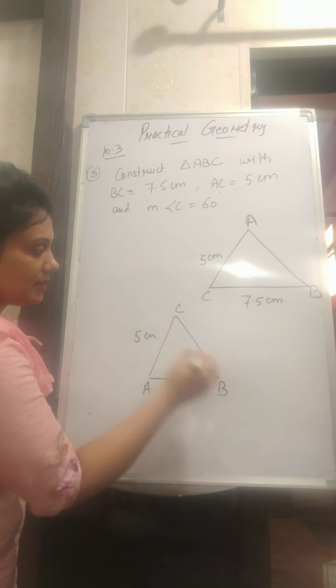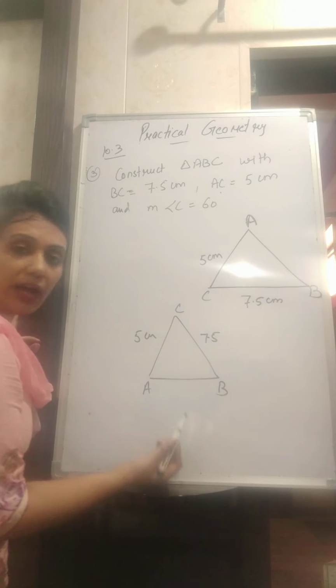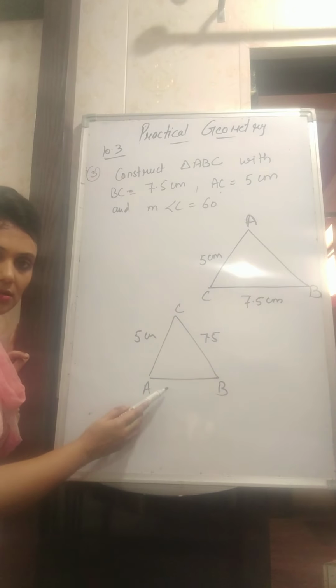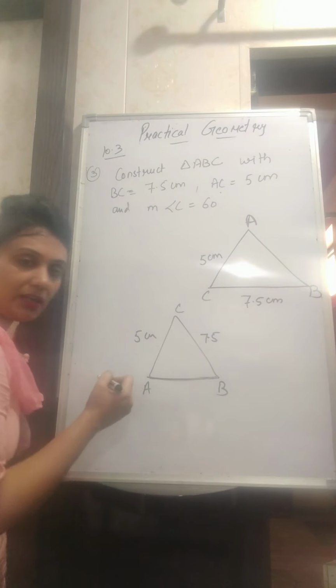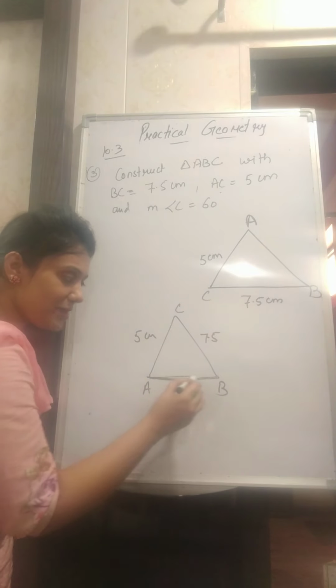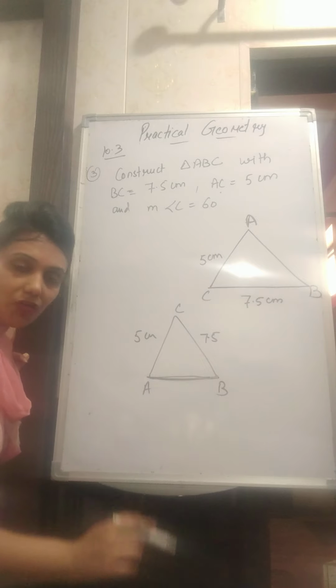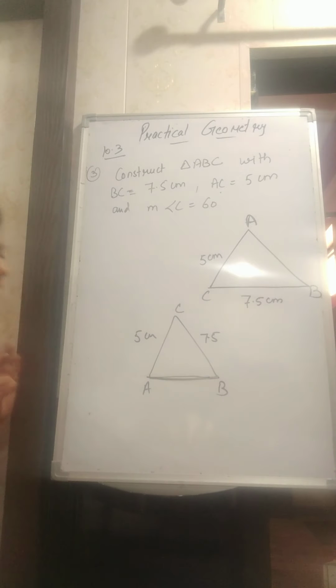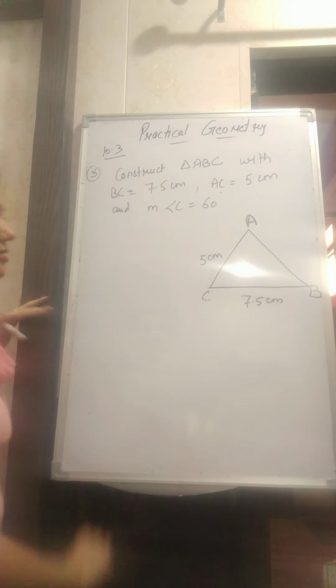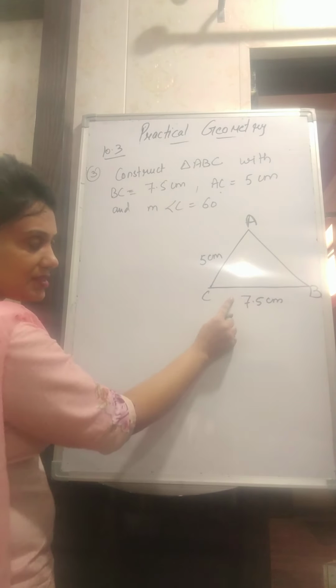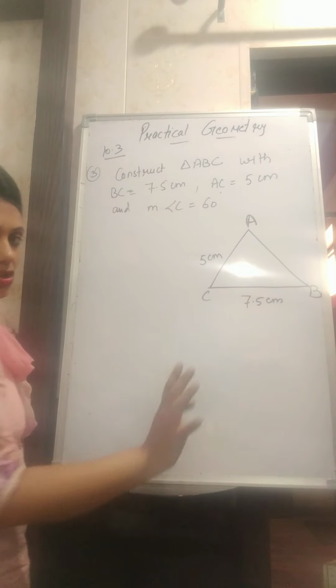You cannot make the rough figure like this, because you have not been given the measurement of AB, and without the base measurement you cannot construct the triangle. You cannot make any line segment from your own wish, right? So you cannot take AB at the base. Either you can take BC or you can take AC, it is your wish.